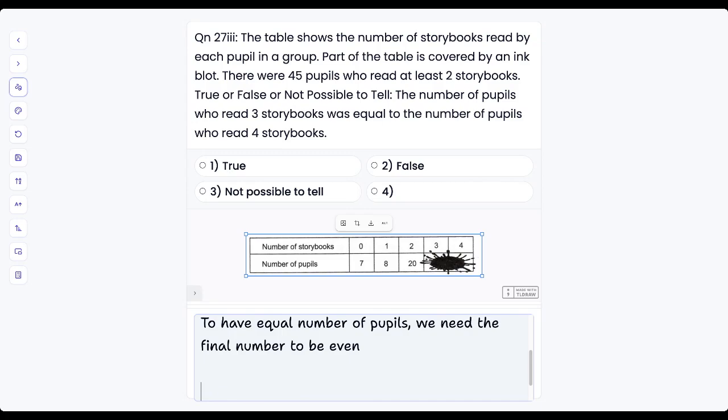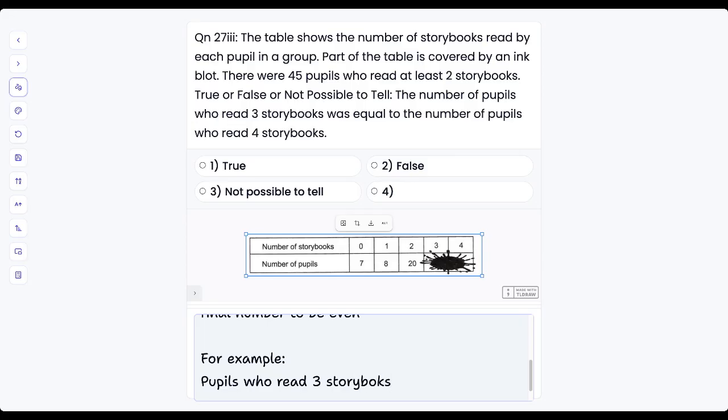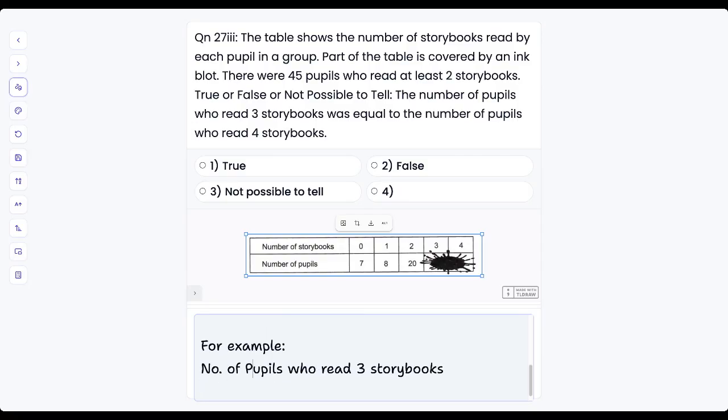So for example, if the number of pupils who read 3 storybooks is 10, then the number of pupils who read 4 storybooks is 10.